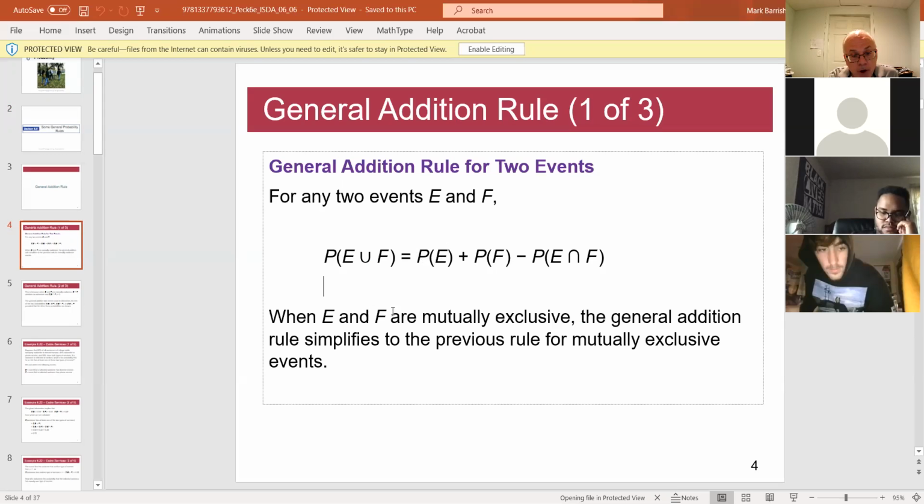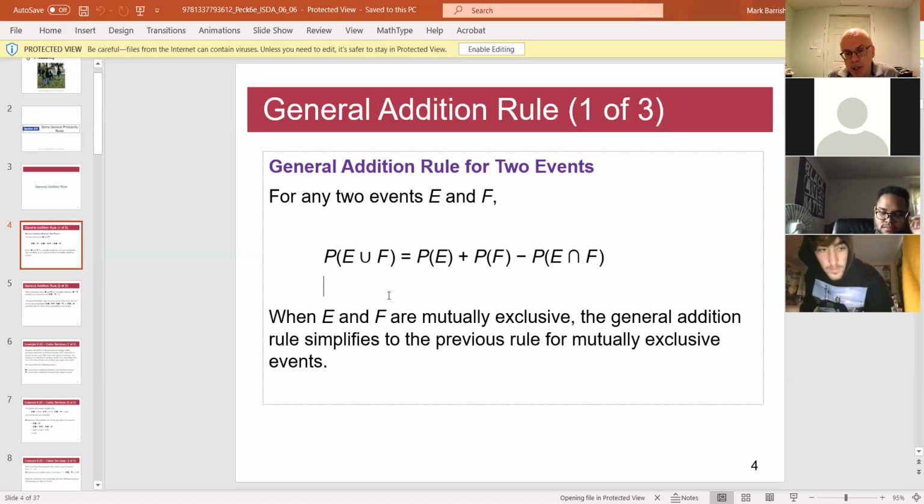Now, if E and F are mutually exclusive, if you remember that from last time, what does that mean? That means E and F cannot occur simultaneously. It's like, what's the probability of you getting a C in this course or a D? Well, you can't get both a C and a D. So those two events are mutually exclusive.